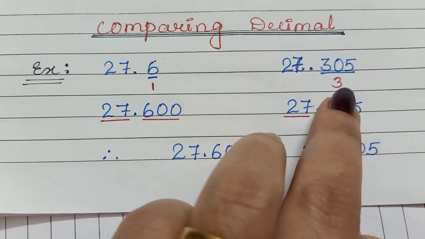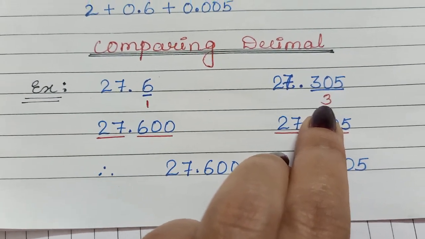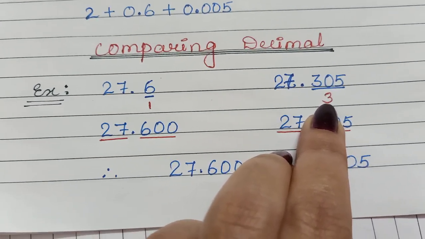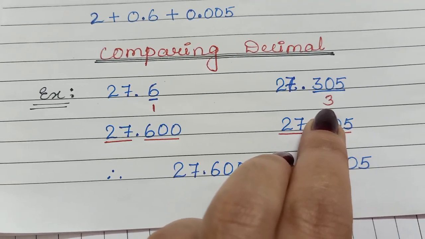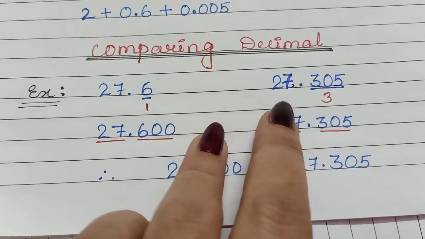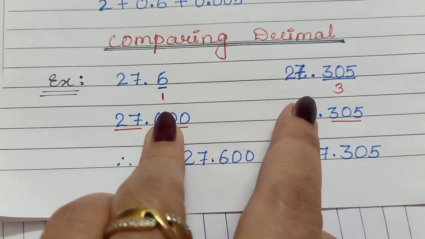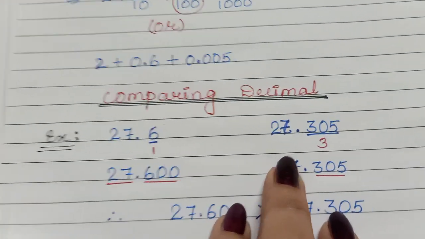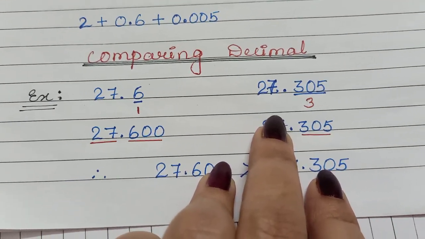That means they are not like. Just as with fractions, when we compare, add or subtract, we need to convert them into like fractions. Same way for decimals, to compare, add or subtract, we have to convert them into like decimals.